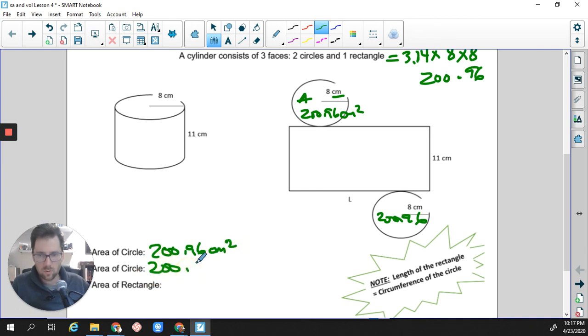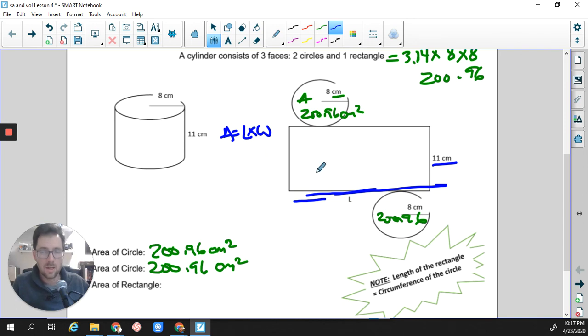Now, when we're looking at the rectangle here, we know that the area for that is length times width. So we've got one of those, but we're missing the other.